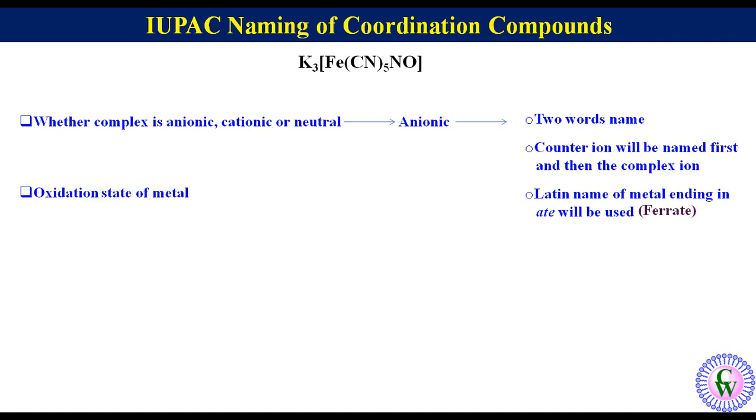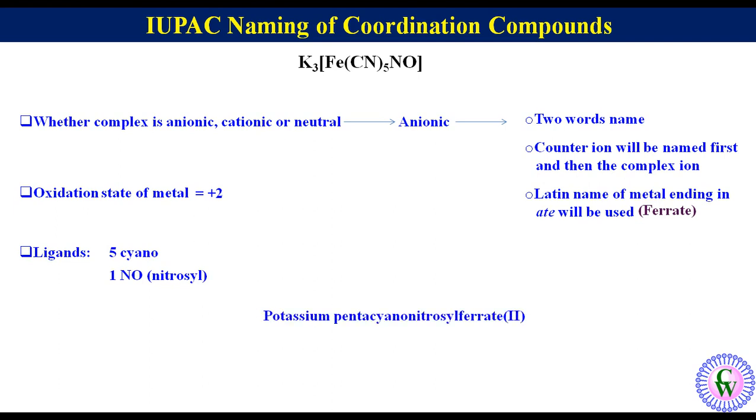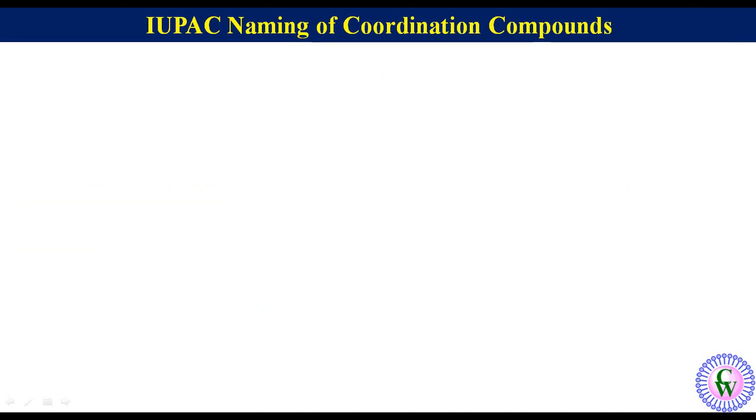The oxidation number of the metal is +2. Ligands. There are 5 cyano and 1 nitric oxide, which is called nitrosyl in the complex. So the IUPAC name will be potassium pentacyanonitrosylferrate(II).